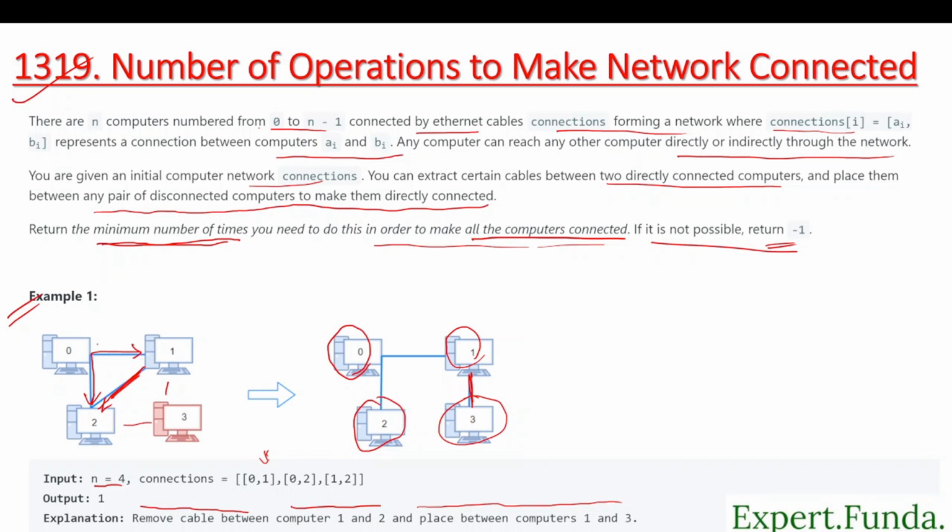It says that you can extract the cable from between two directly connected computers and place it between any pair of disconnected computers to make them connected. So we extract from here and then put it here. Okay, I got it.